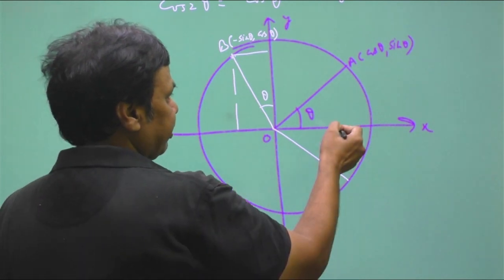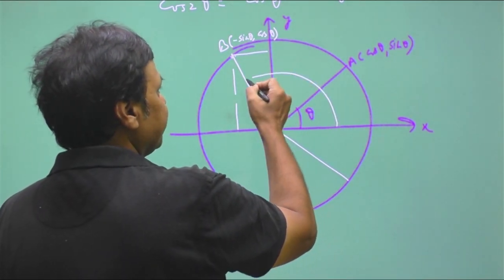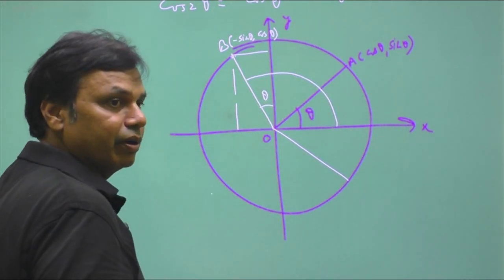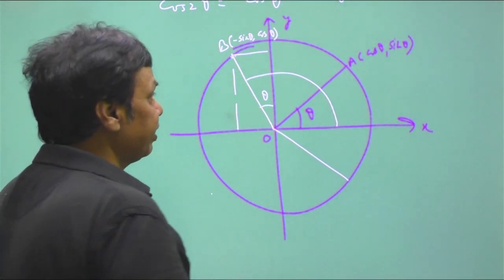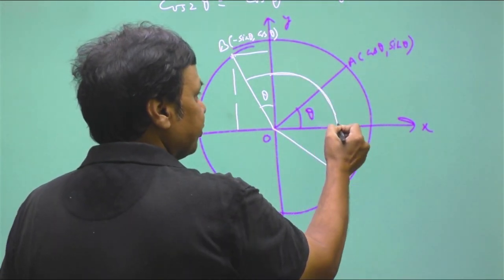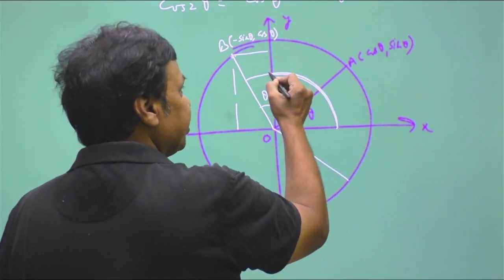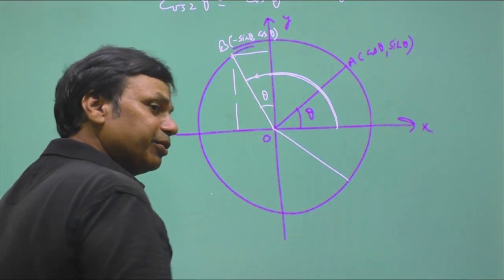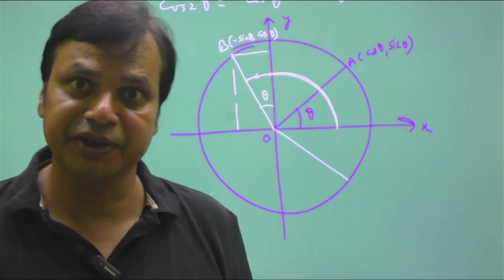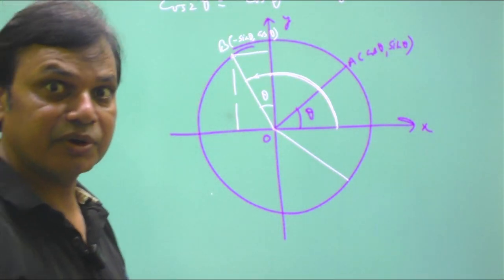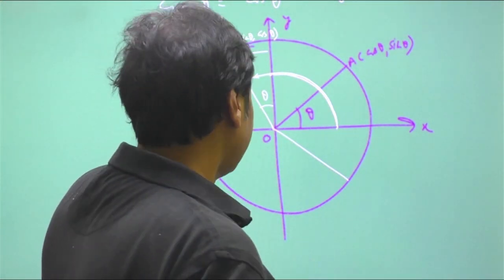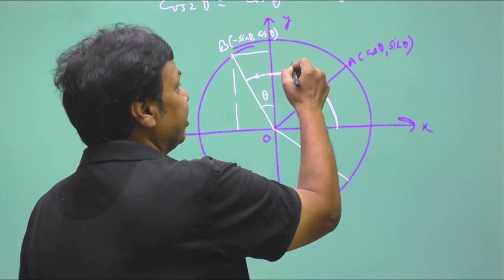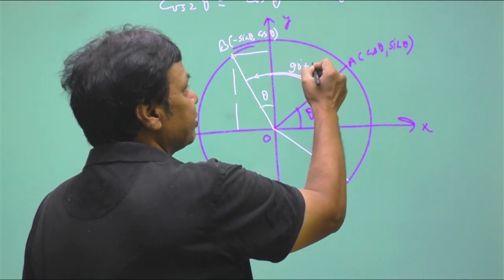And draw an angle from here to here. You move the angle 90 degrees from here to here in anti-clockwise, and again you continue and move an angle theta in the same sense, that is in the counterclockwise sense. That means this angle you would write as 90 plus theta.